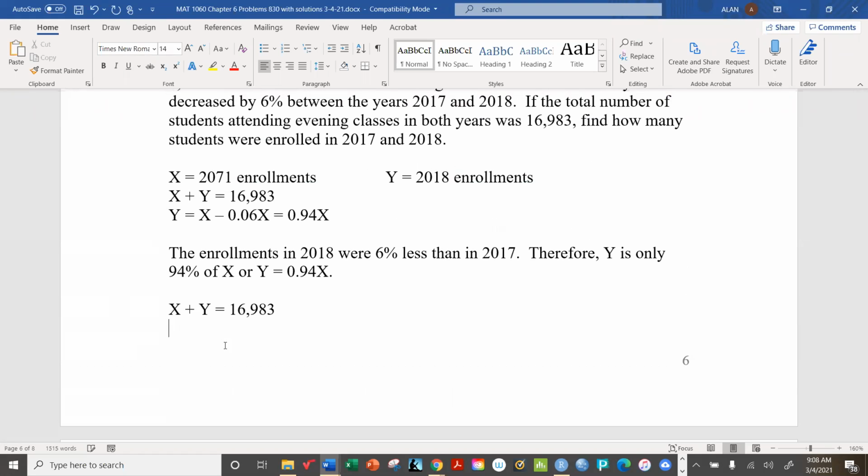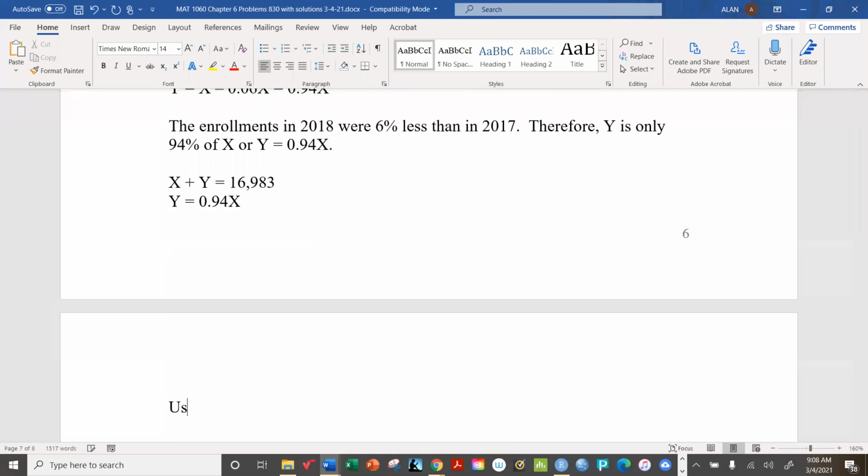Y equals 0.94X. So using the method of substitution, we can replace Y in the first equation with 0.94X.